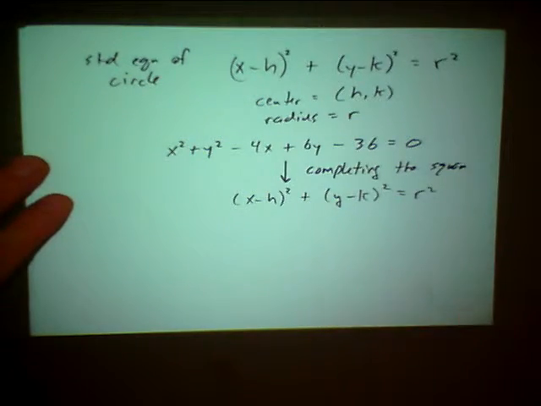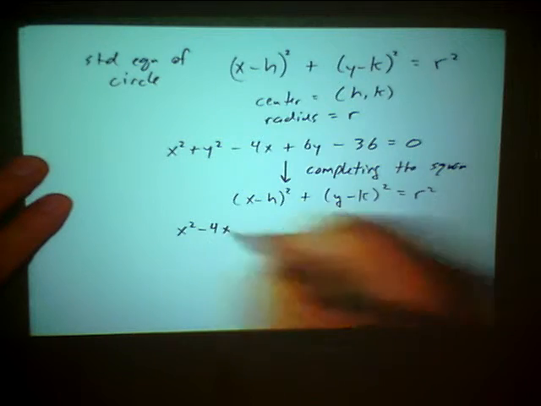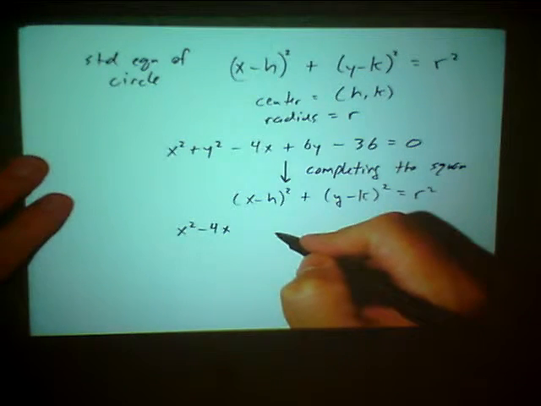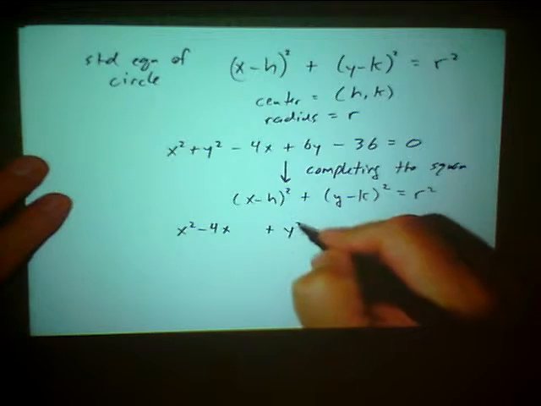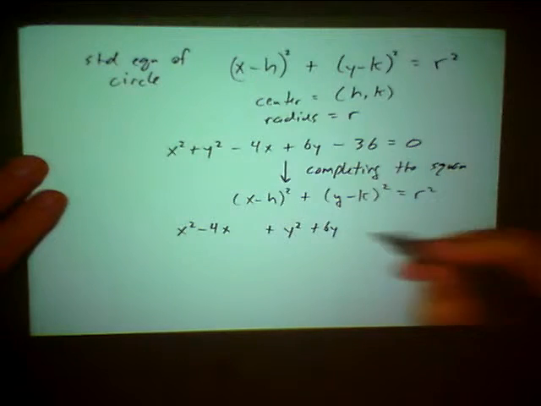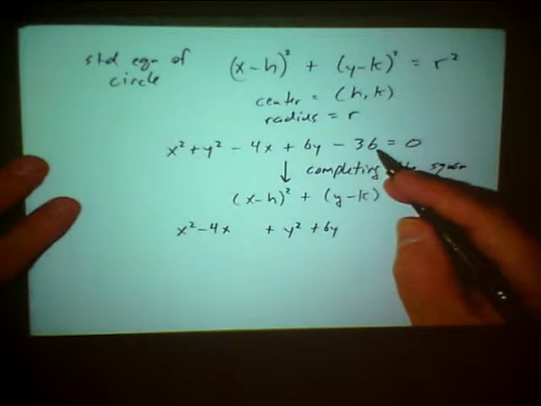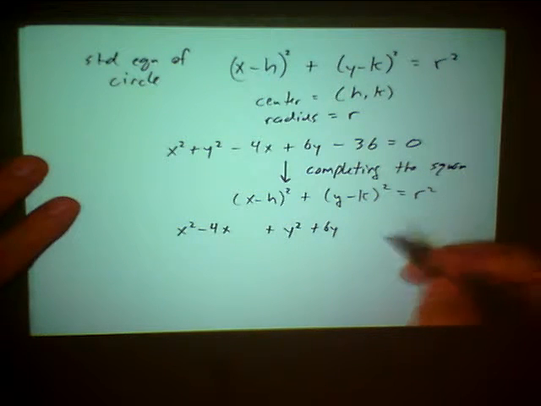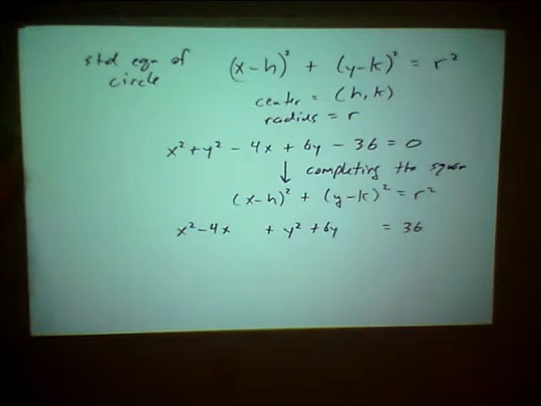So for this one, x squared minus 4x, leaving a gap here, plus y squared plus 6y, leaving another gap here, and the negative 36 has to be moved to the other side, so you add 36 to both sides. So now this is the proper order.